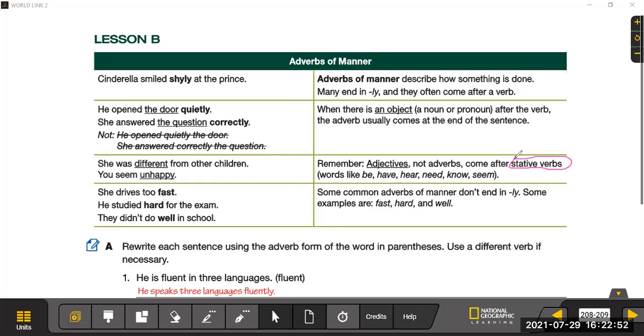We were saying that stative verbs are the verbs that express feelings, that express the states of a person or a thing, right? They are the verbs that you cannot add ing to, right? Do you remember the stative verbs?